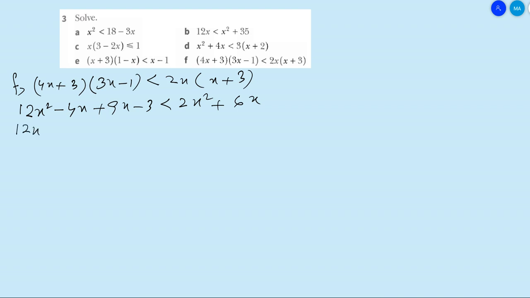Simplified, 12x squared, 9 minus 4 is 5x, minus 3.